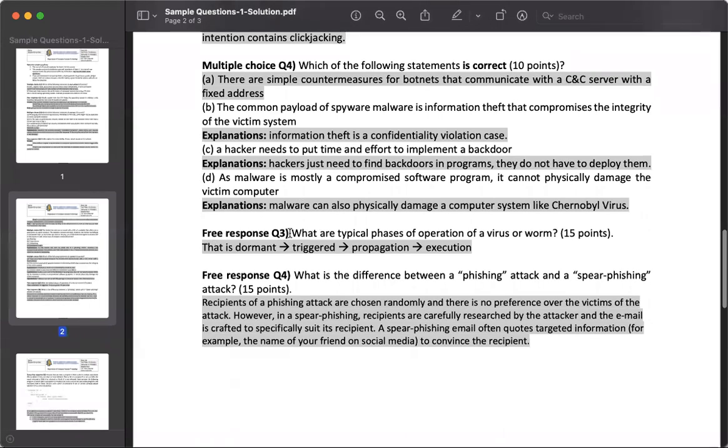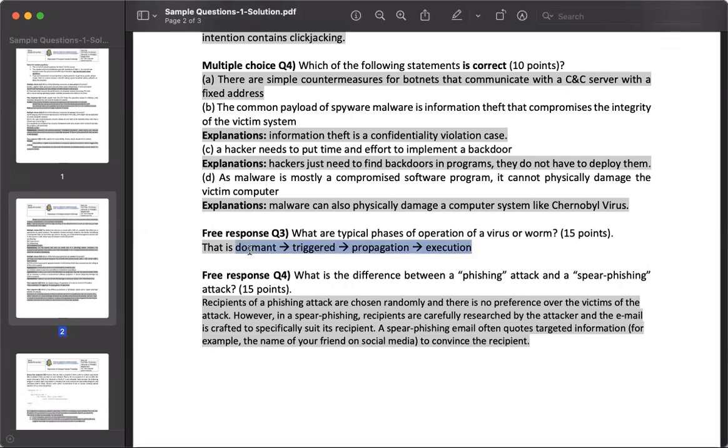Free response question 3. What are typical phases of operation of a virus or a worm? Okay, we talked about it. We talked about every single step of that, but the life cycle of a virus or a worm covers these 4 phases.